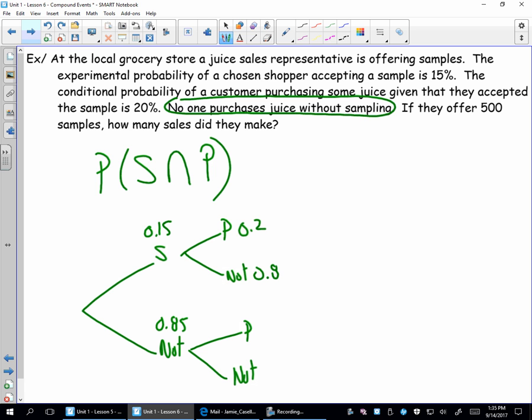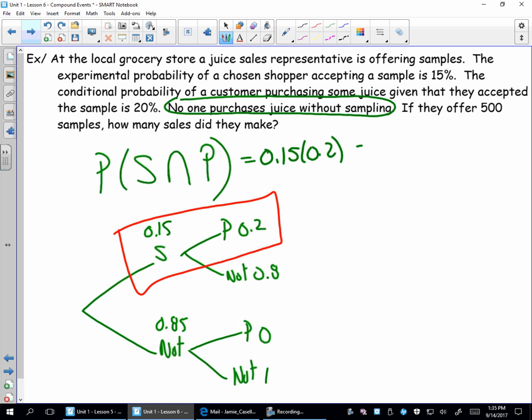If they didn't sample, it says no one purchases juice. This is 0, and this is 100%. Okay, if they offer 500 samples, how many sales do they make? So we need sampling and purchasing, which is that part of the tree diagram. 0.15 times 0.2 gives us 0.03. Only 3% of people actually did this.